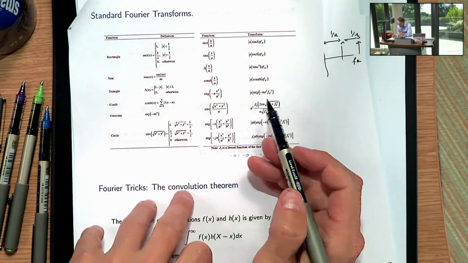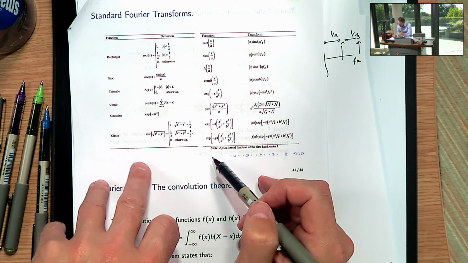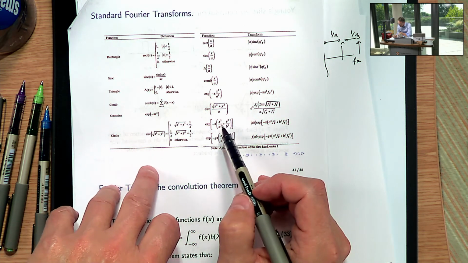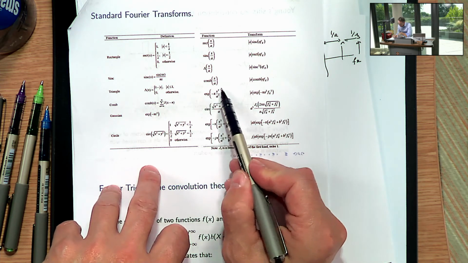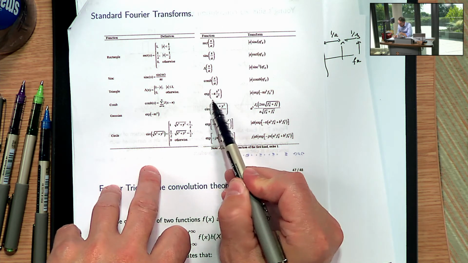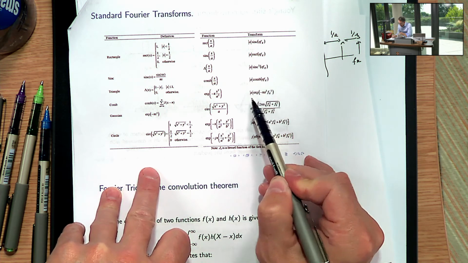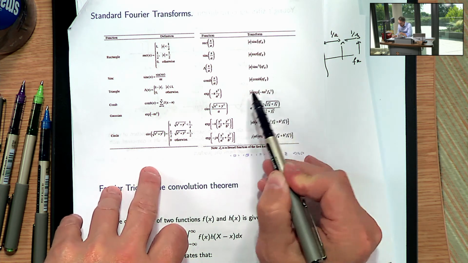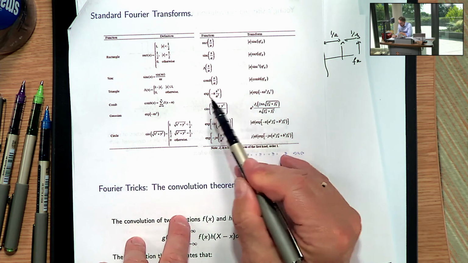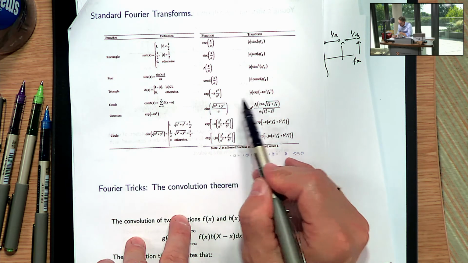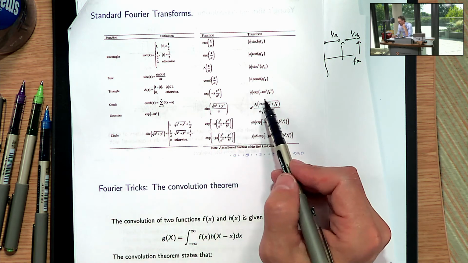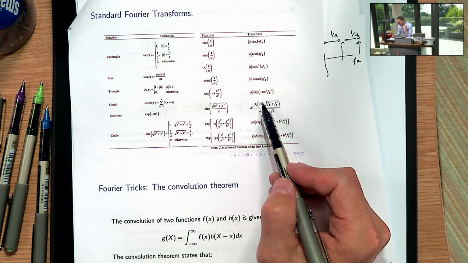Okay, so other important ones are a Gaussian. If you have a Gaussian function that looks something like this, then actually its Fourier transform is again a Gaussian. That's quite an interesting result, right? So you won't be asked to derive any of these. You will be given them, but you will get practice.